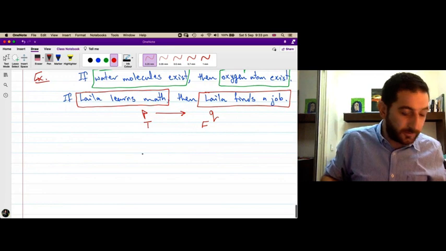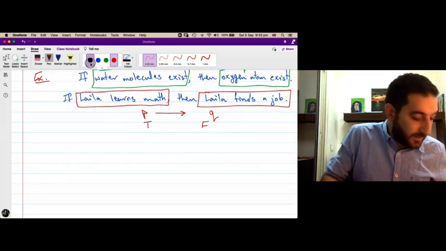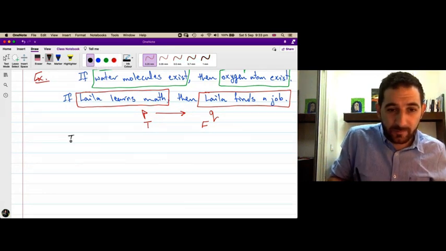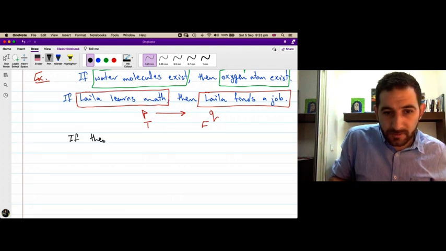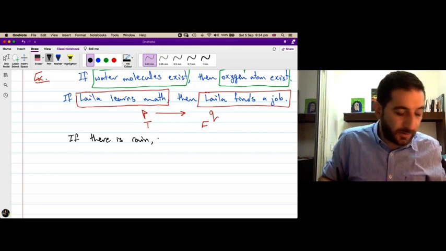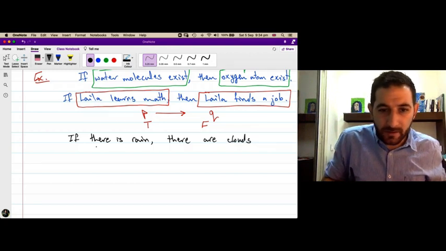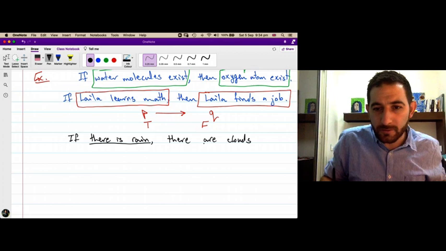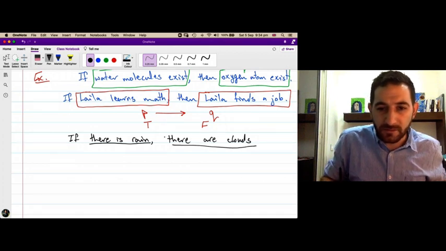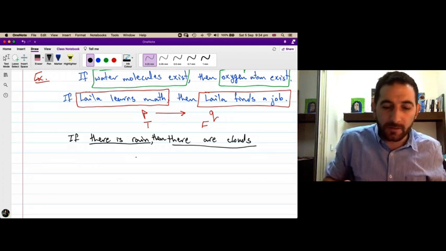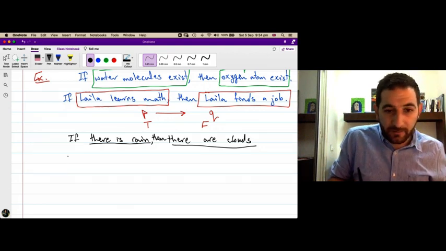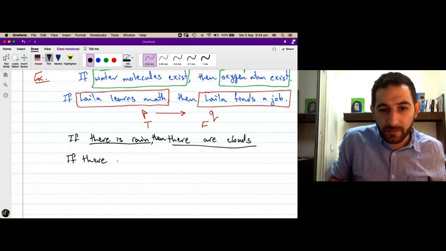Okay, what else do we have? Here's another example. If there is rain, there are clouds. Again, the hypothesis is there is rain, the conclusion there are clouds. You can also have, if there are clouds, then there is rain.